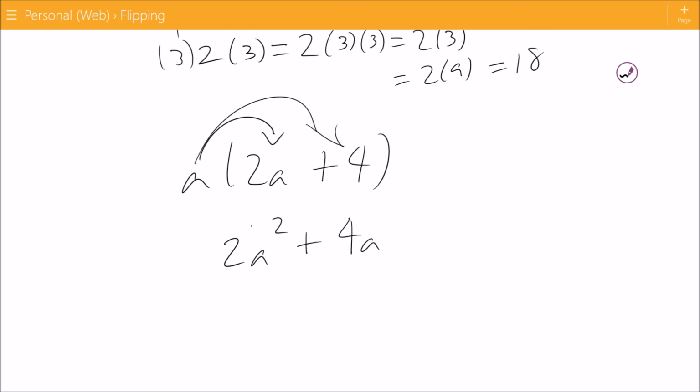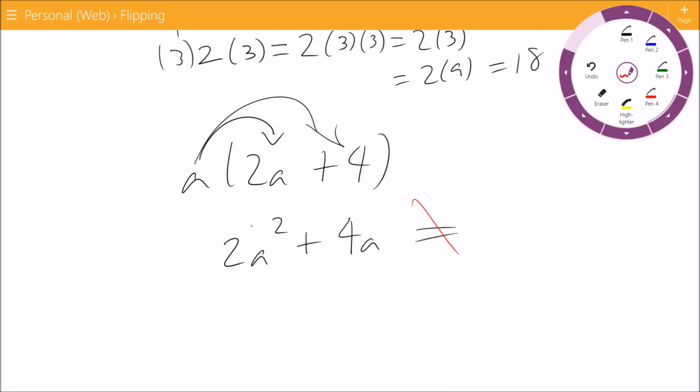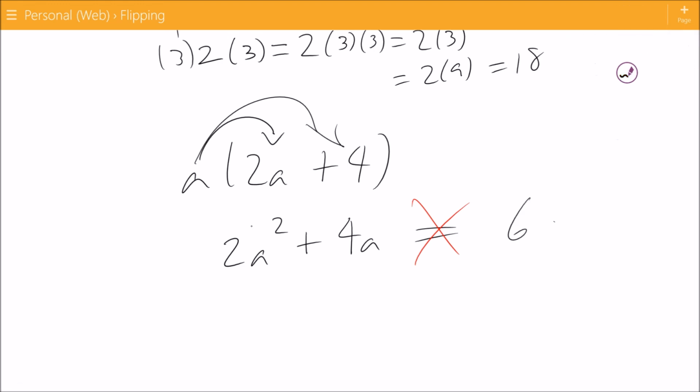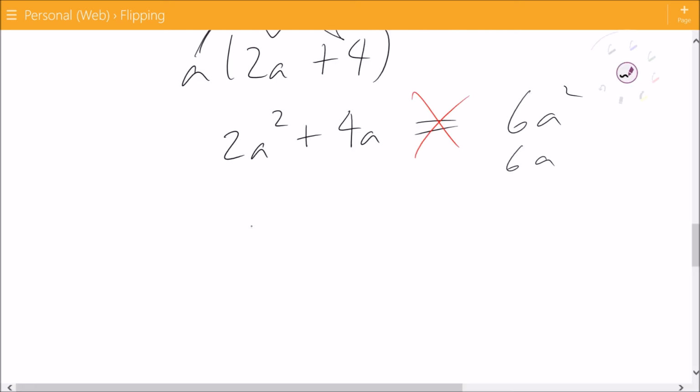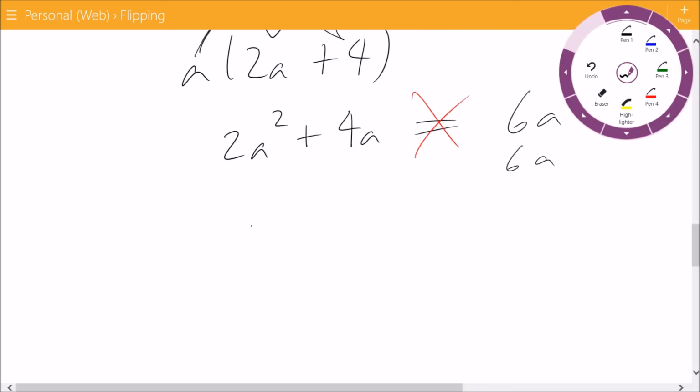Another rule that we need to follow is if the exponents don't match, we cannot combine them. So we cannot, I'm going to draw a big red X there ahead of time just to be very clear, say this is like 6a squared or 6a or something else like that. This is the most we can reduce it to right there.